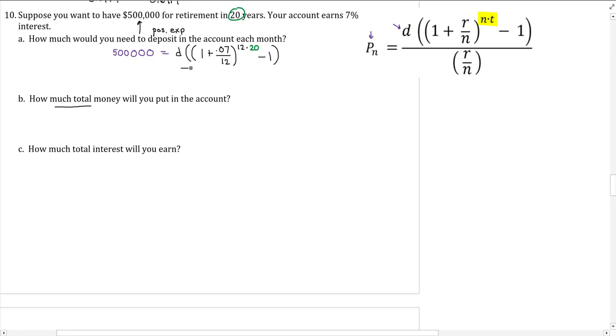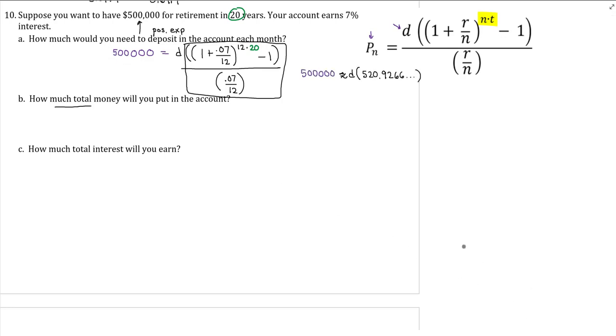Minus 1. And divide that by 0.07 over 12. Again, you can either multiply both sides by the 0.07 over 12 first, or you can calculate everything on the right-hand side first. I'm going to go ahead and just do everything on the right-hand side on this particular problem.